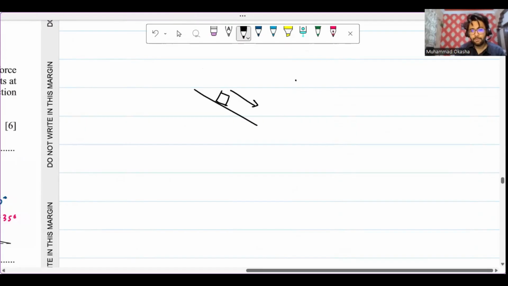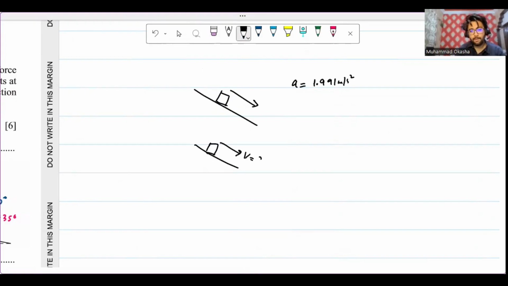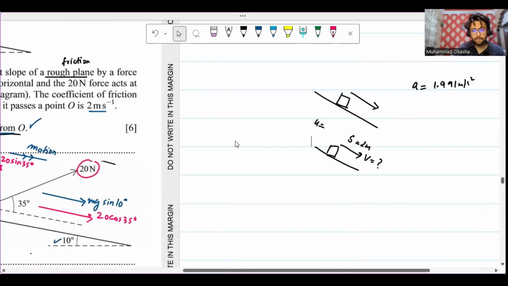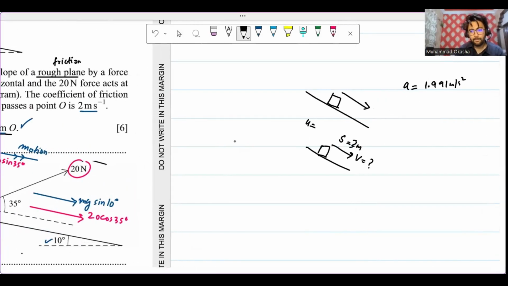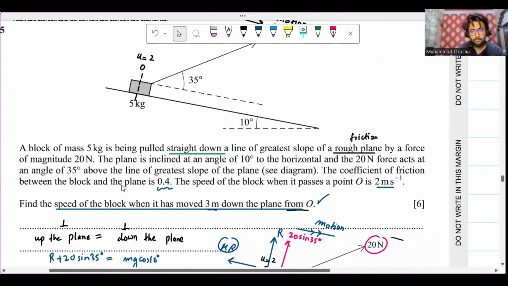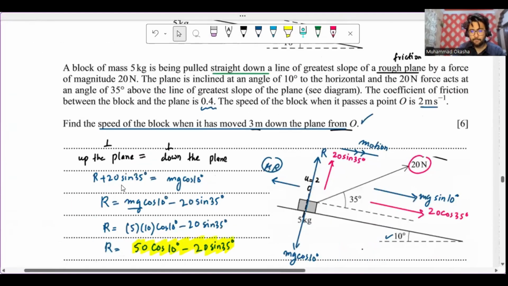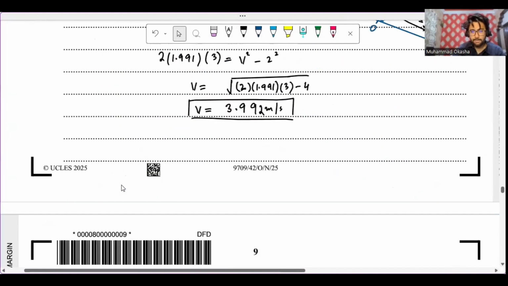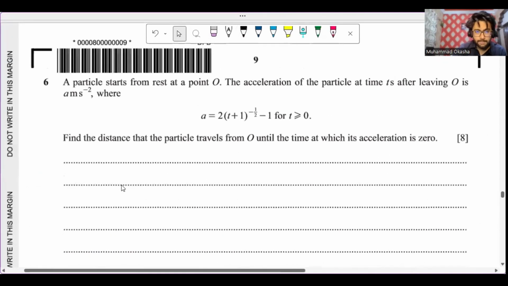We resolved the forces to work out the value of acceleration, which turned out to be 1.991 meters per second squared. And we used the value of acceleration to work out the final velocity when s was 3 meters and the initial velocity was 2 meters per second. So that's it for question number 5. I am hoping that it makes sense. Let's move on to question number 6.